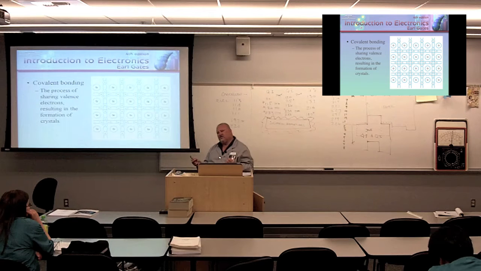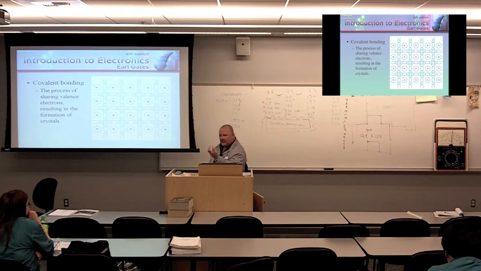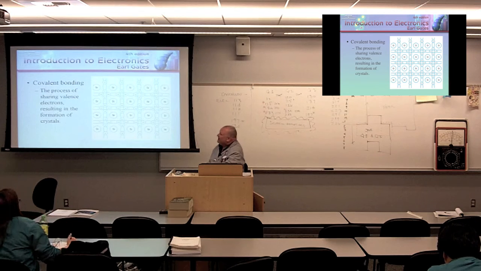And as long as this is done in a perfectly clean environment, you end up with pure silicon, intrinsic silicon. And when you grow it together as a crystal, you develop what's called covalent bonding. Covalent bonding is the process of sharing valence electrons resulting in the formation of crystals.